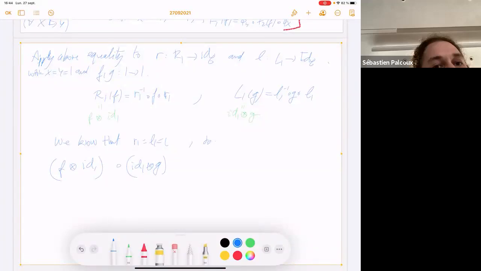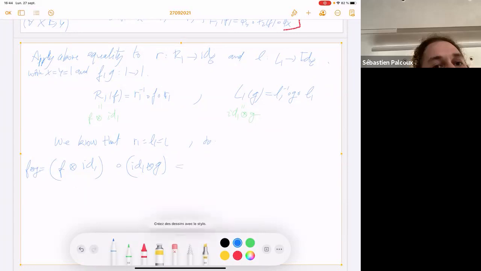So this is F tensor G, like that. So F tensor G, this is trivial.